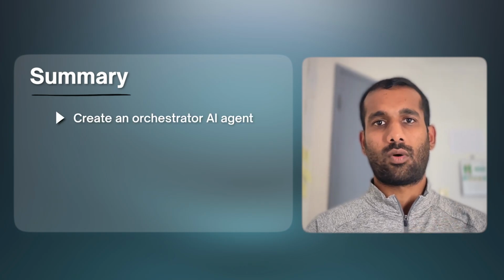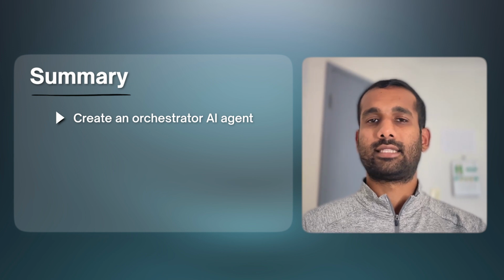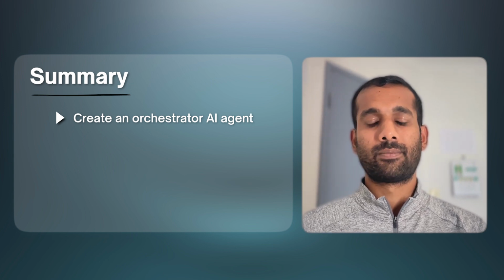So, in summary of everything that we learned inside this video, and I know we covered a lot, we saw how to create an orchestrator AI agent whose only job is to delegate any input or command to one of the child agents.